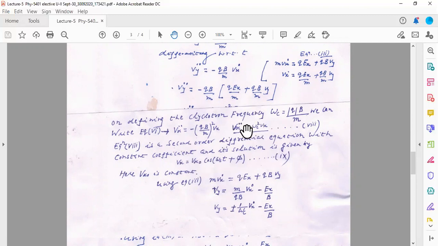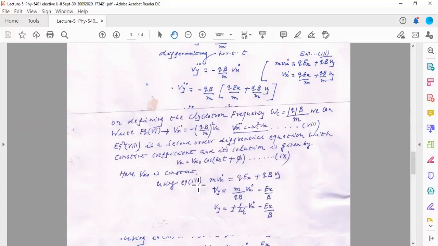Its solution is given by Vx equal to Vx0 cosine of omega c t plus phi. Phi is a phase angle, omega c is the cyclotron frequency, and Vx0 is a constant.